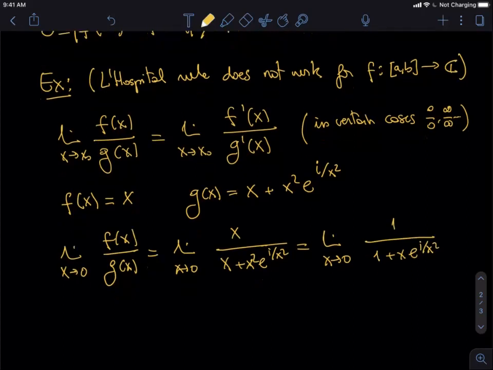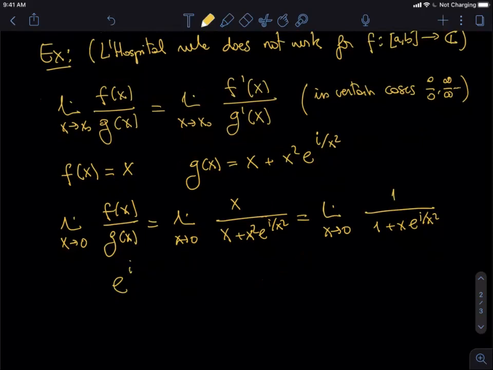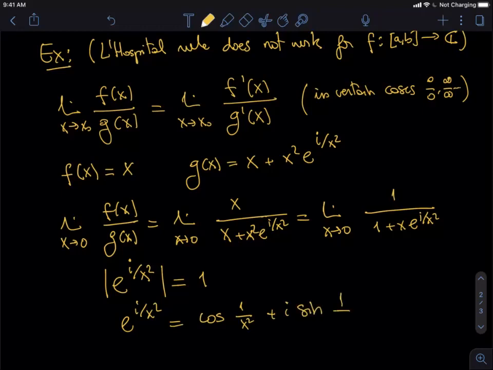And the only question now that we need to be careful about is what happens with this exponential here. But nothing to worry about, because we have just discussed that this has modulus 1, because it's the cosine of 1 over x squared plus i sine of 1 over x squared. So it's always on the unit circle.